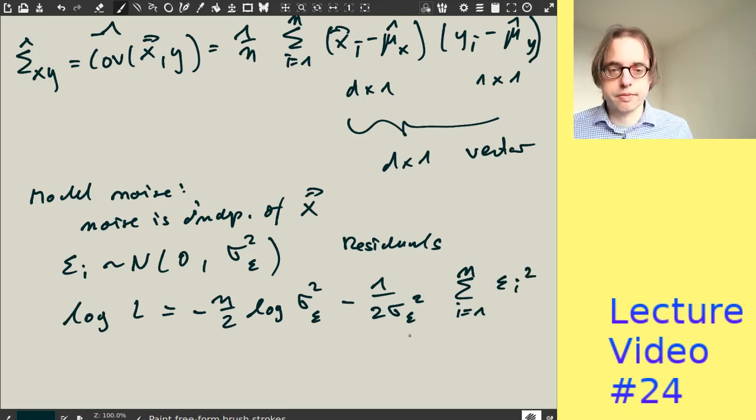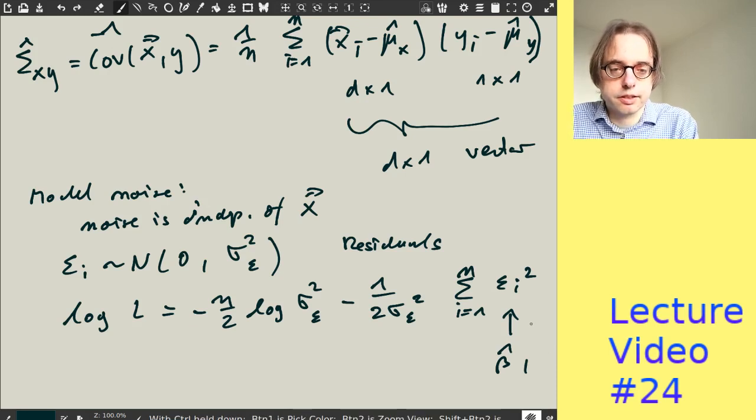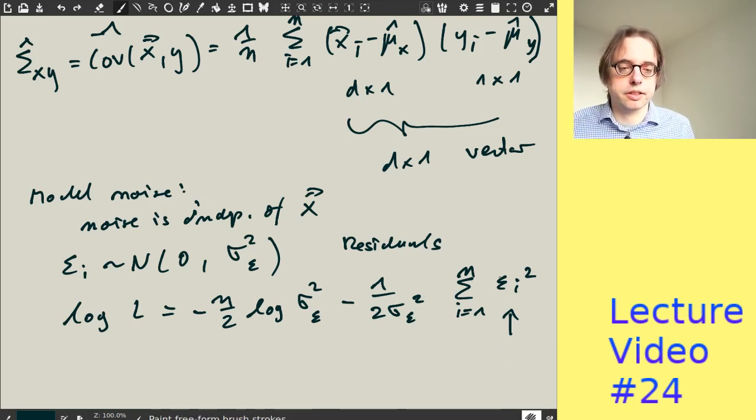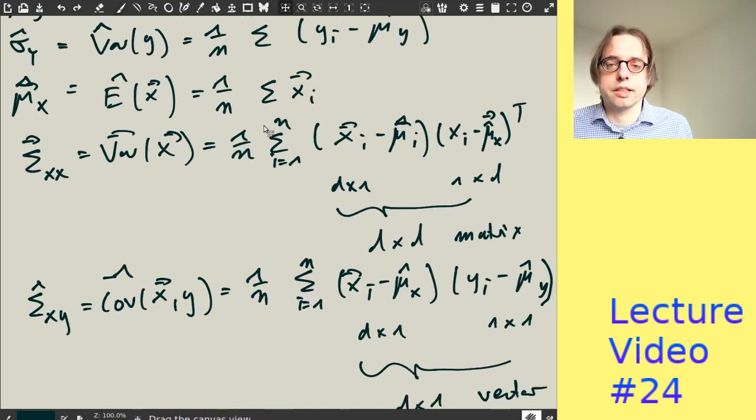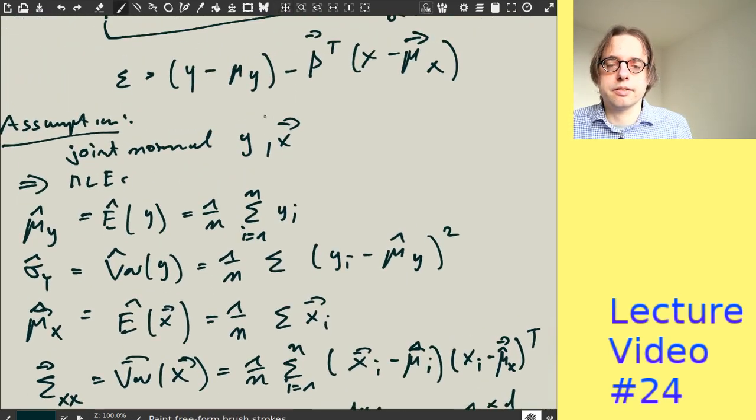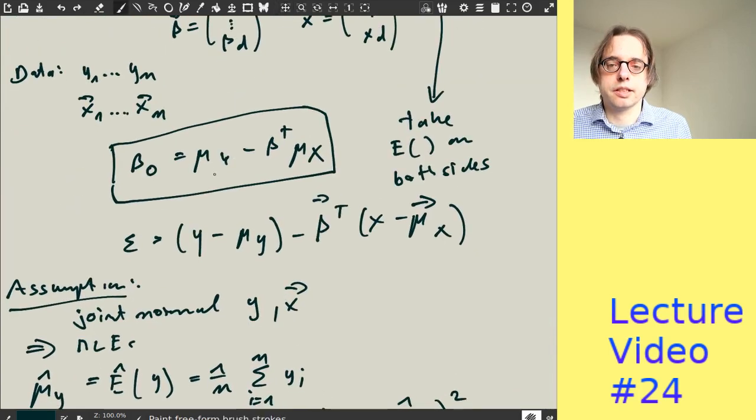And this is where the beta hat and the beta naught come in. Or actually not only beta, because beta naught we already basically estimated right at the beginning. So that's our beta naught.